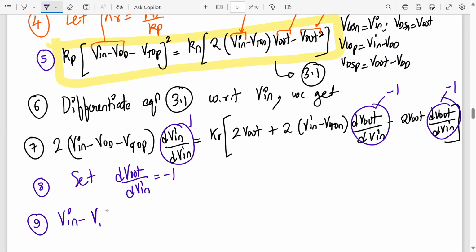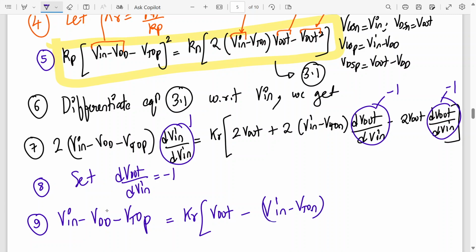So I'll write it again. V in minus VDD minus VTOP, here multiplied by 1, is equal to KR times, here 2 gets cancelled, so V out minus V in minus VTON.